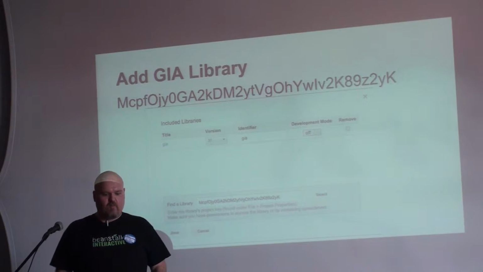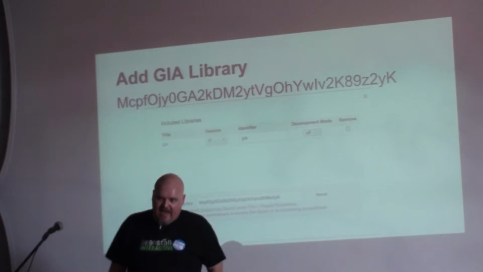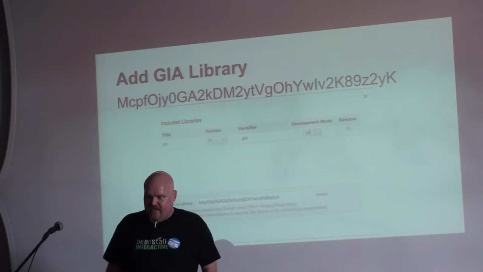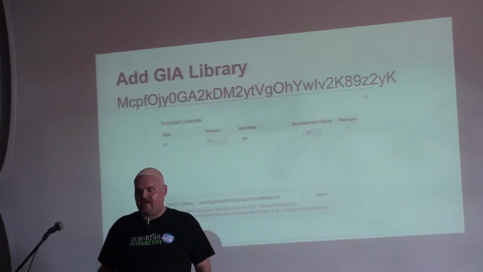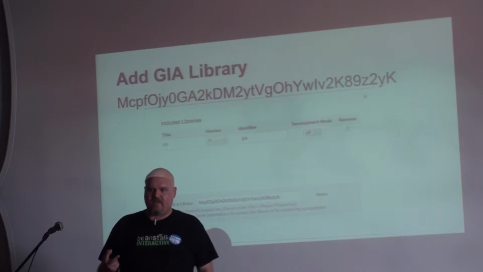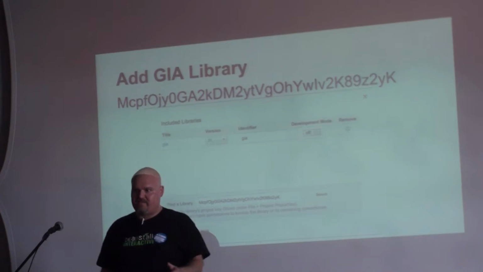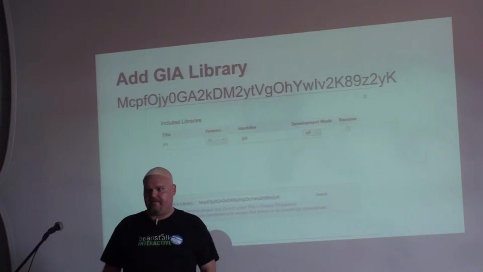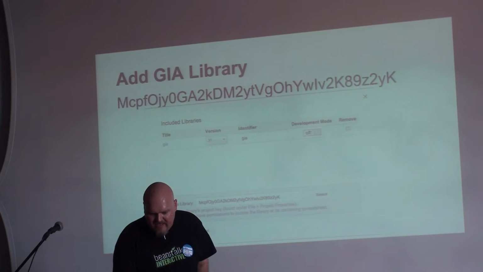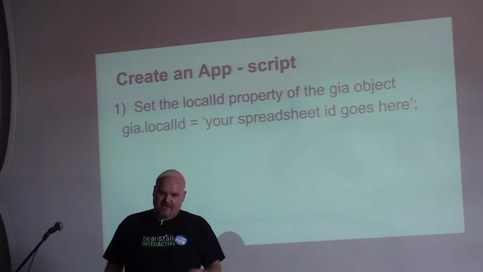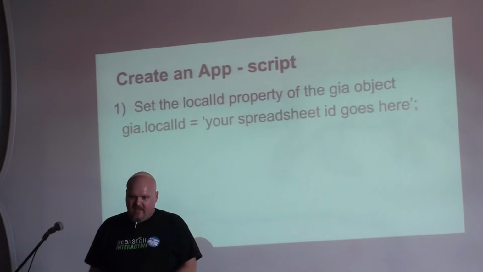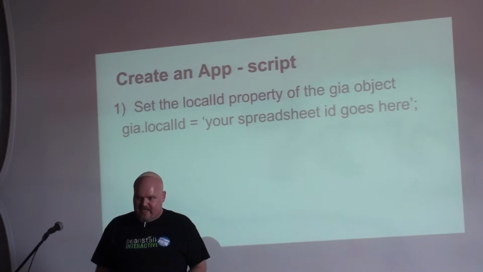Okay, so once you've got the library added, then all of the features in it are available. And it only requires 2 lines of code to actually get all of the data out of a spreadsheet and put it into a public data adapter. Those 2 lines of code are, first off, setting the local ID of the spreadsheet that you want to access.